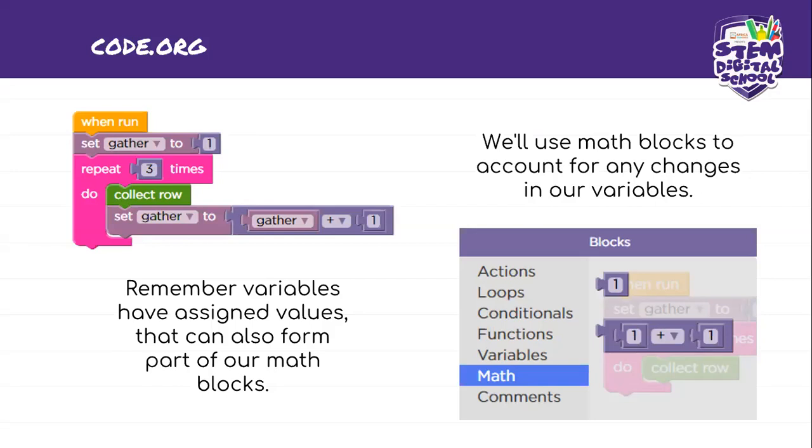That can also form part of your math block. So all that this one is telling us now, it is 1 plus 1. Because what do we have as our set value? 1. But we have to remember that every time, so the first time it loops, it's 1 plus 1. The answer will be 2. So the next time it repeats, it will be 2 plus 1, and then 3 plus 1, 4 plus 1, depending on how many times we repeat our code. Okay.